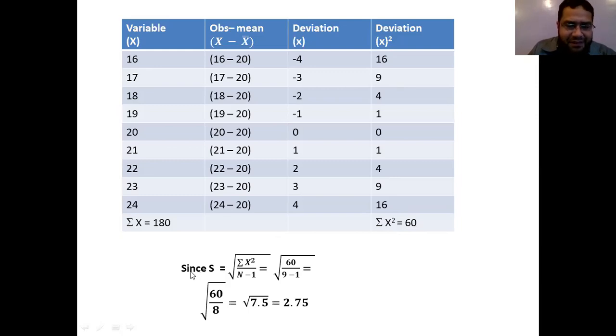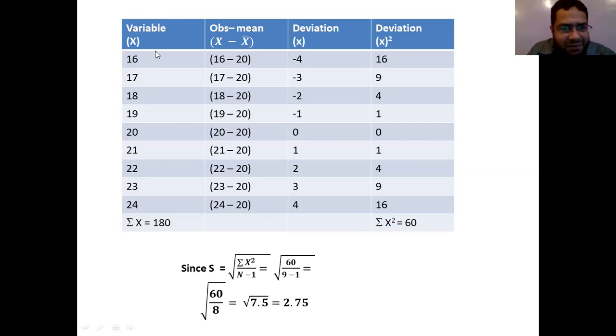Since the number of observations here is less than 30, the variance is given by summation of x square divided by n minus 1. So 60 divided by 9 minus 1, that is 60 by 8, gives 7.5. Then we find the square root, which gives our standard deviation as 2.75.